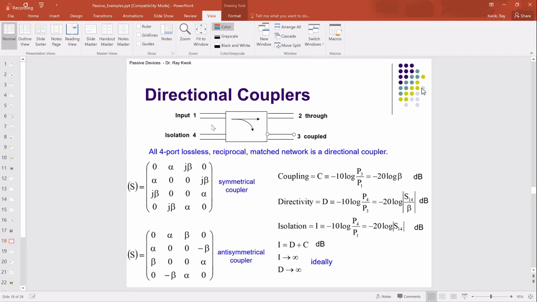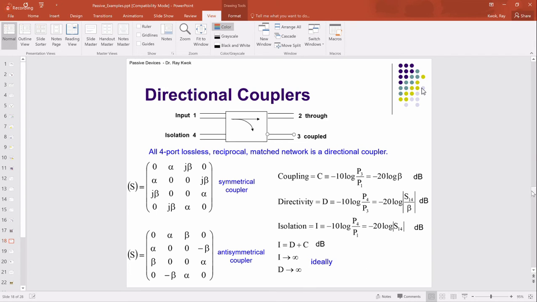If the directivity is good, most of the power goes to 3 and none goes to 4. Isolation is between 4 and 1, how much power I'm getting from here. So isolation is really D over C. Ideally, the isolation is infinity and the directivity is infinity.